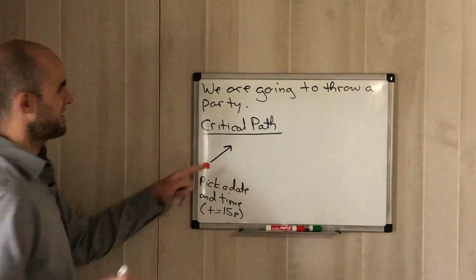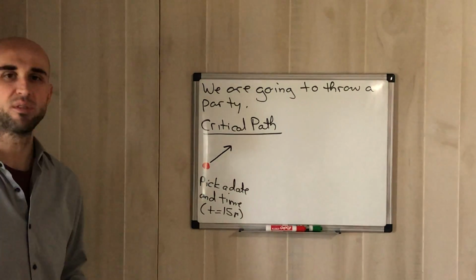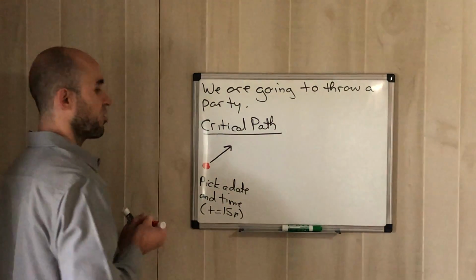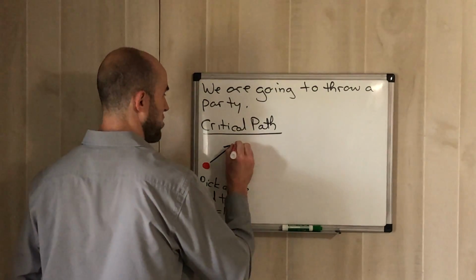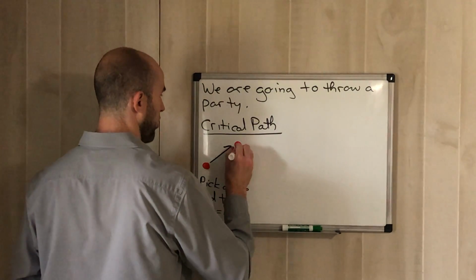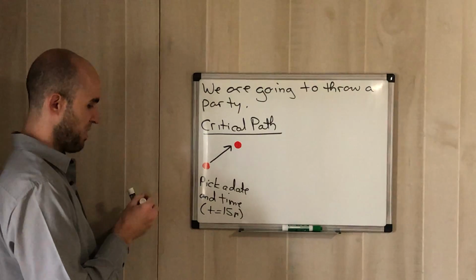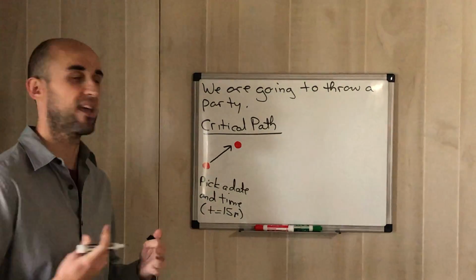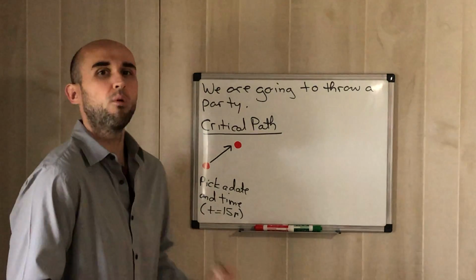And again, it's not a segment. In this case we're using arrows, because they tell us the directions that we have to follow in order to get to our goal. So we pick a date and time. Once we pick a date and time, our next thinking is, who do you want to invite?